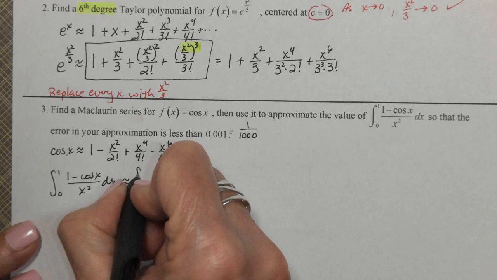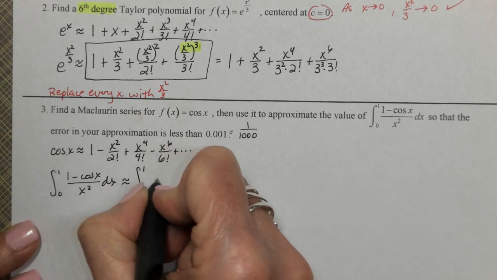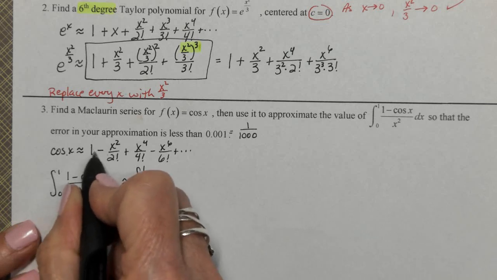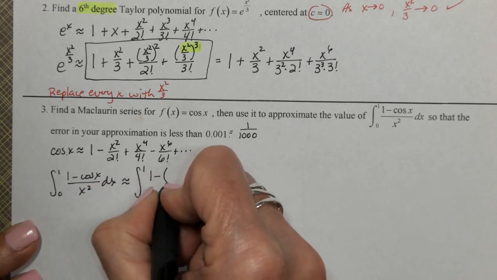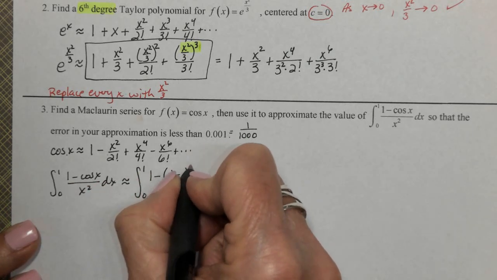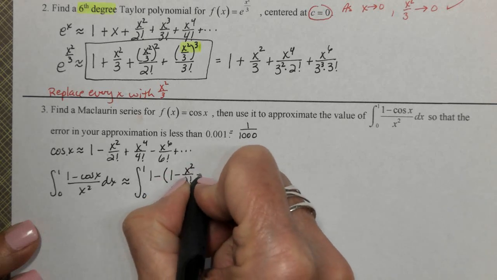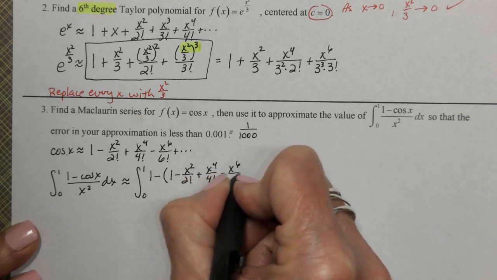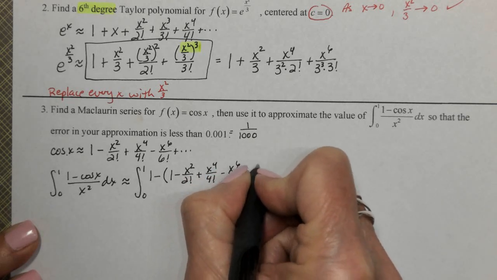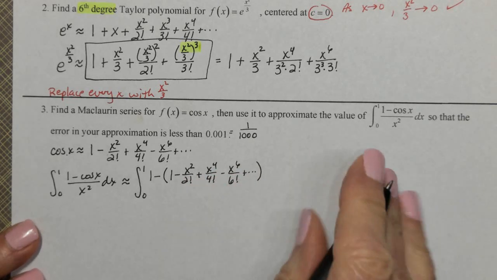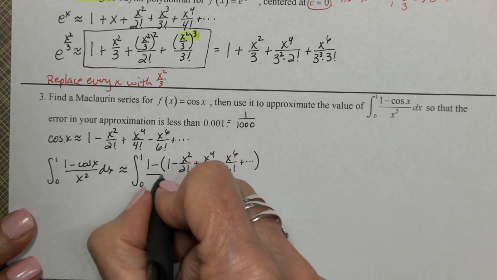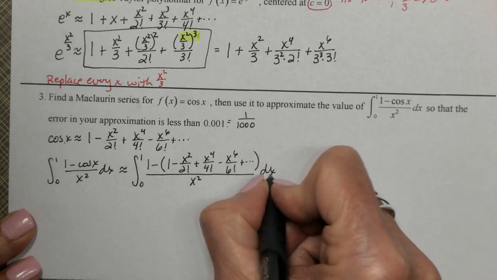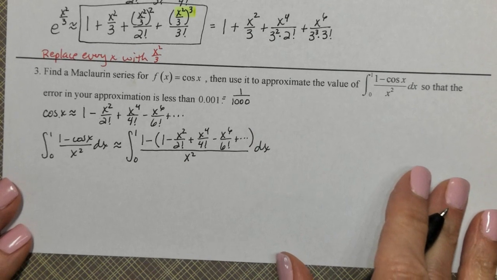So this will be the integral 0 to 1 of 1 minus, I am replacing cosine x with that infinite series. So I'm just going to rewrite this. Okay. All divided by x squared, and I'm integrating with respect to x.